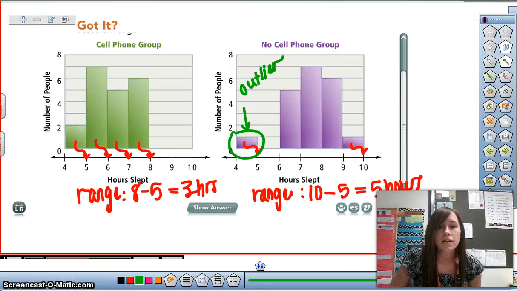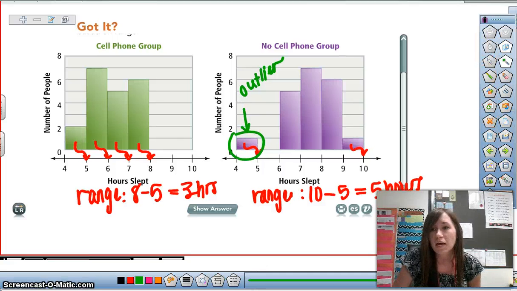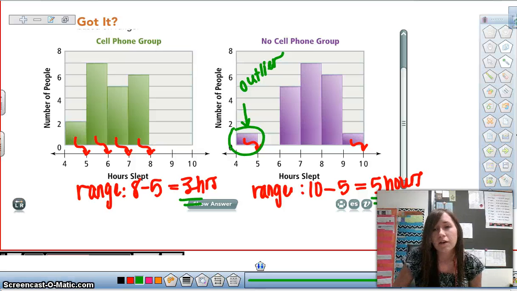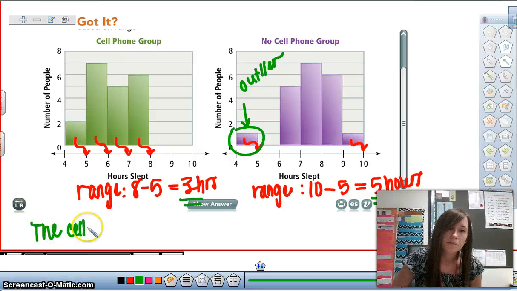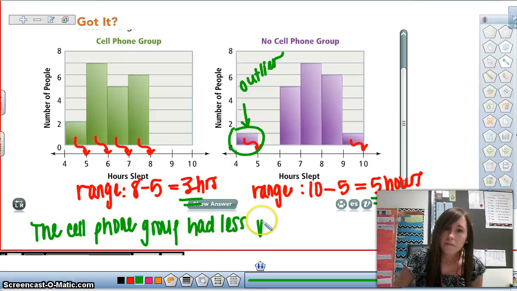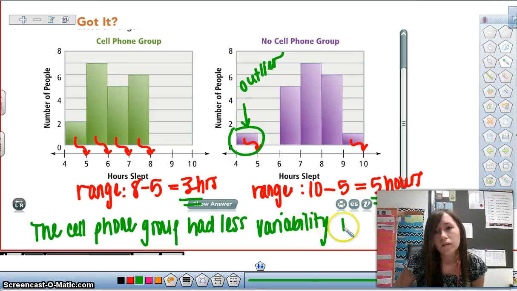So we can make a statement based on a range, it says in the directions, to make a comparative inference based on the range. If we think about this range being 3 hours and this range being 5 hours, it seems as though the cell phone group had less variability in the number of hours they sleep.